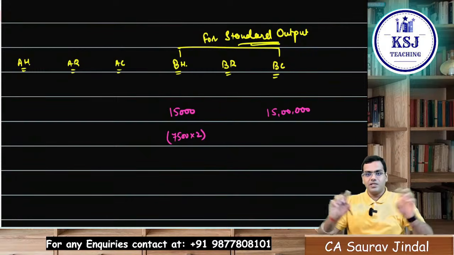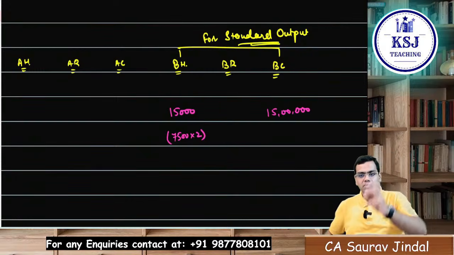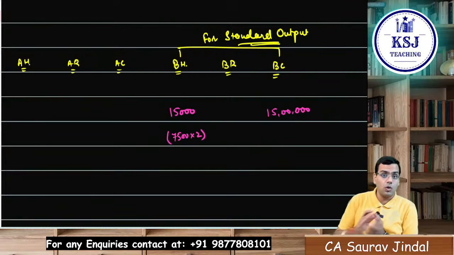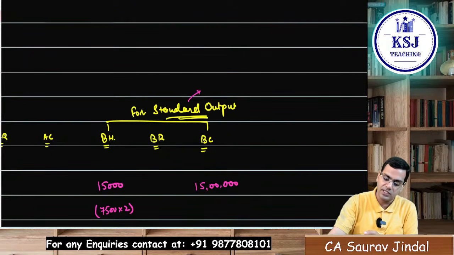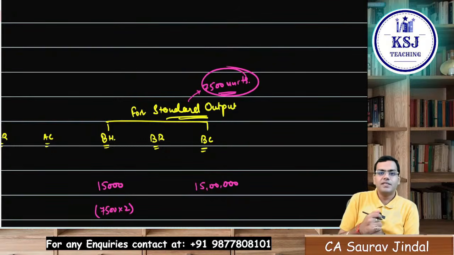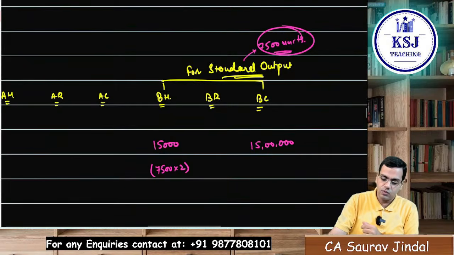This whole budgeted column now, budgeted hours, budgeted rate and budgeted cost, this is for what? This is for the standard output of 7500 units. What is the budgeted rate now? We can calculate, sir. 15 lakh divided by 15,000, that is 100 rupees.